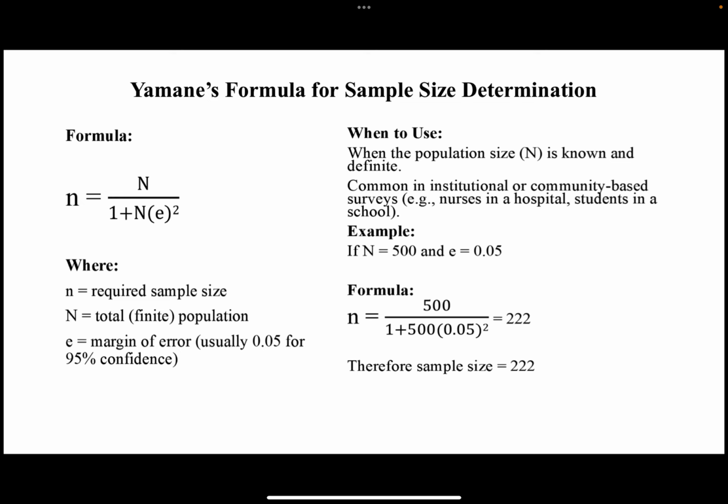So you are conducting a study among nurses at the emergency department of Korle Bu Teaching Hospital. Before you can use Yamane's formula, you need to know the accurate total number of nurses working at the emergency department of Korle Bu Teaching Hospital. You want to conduct a study among pregnant women visiting the antenatal department of, let's say, Dansoman Polyclinic.